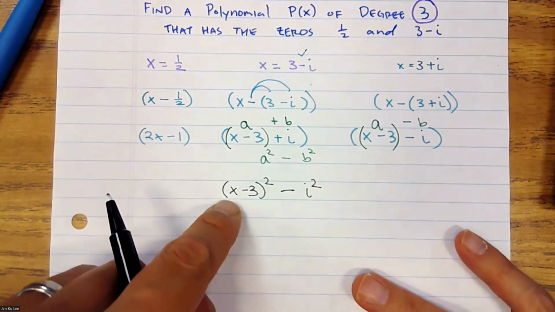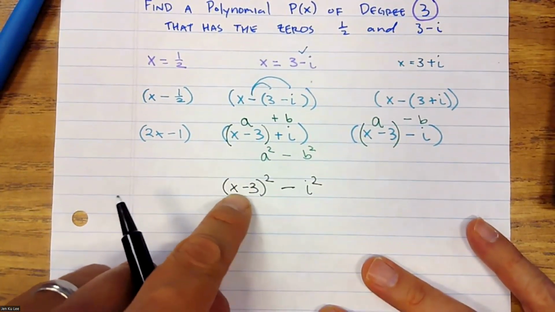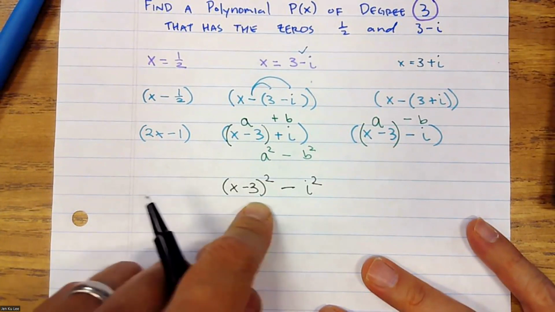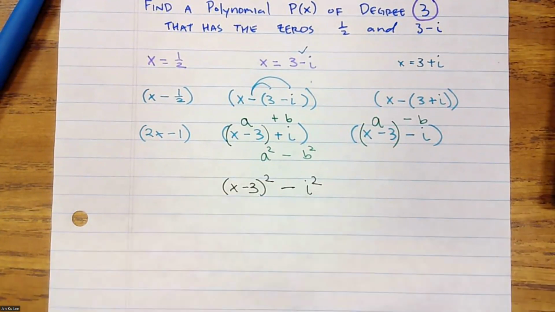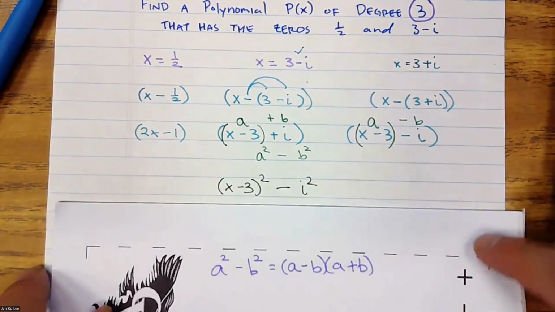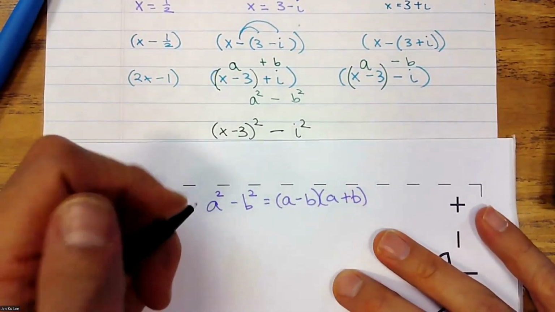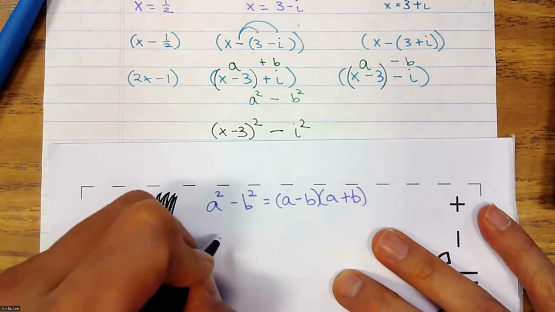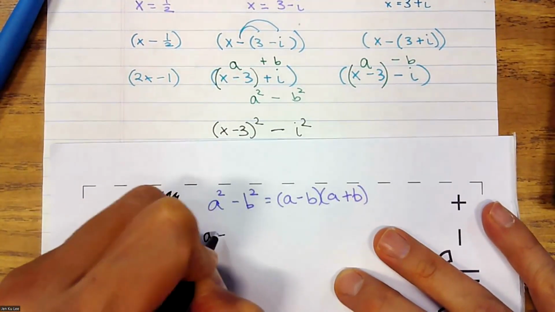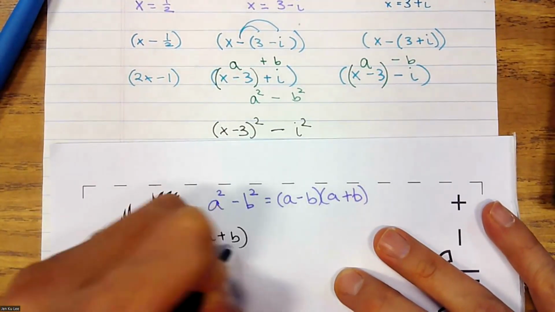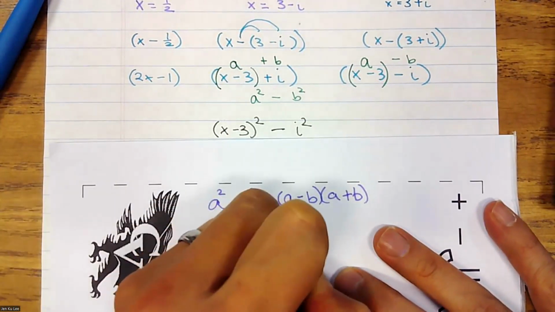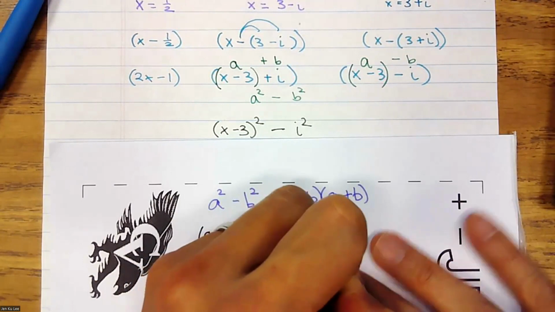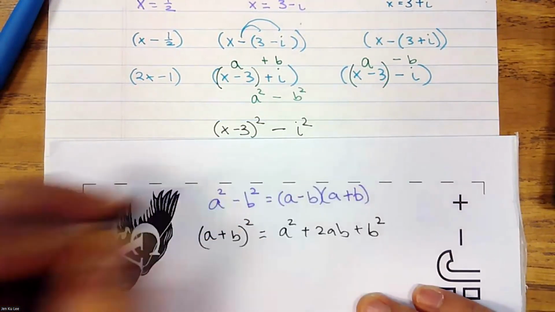Do you guys remember quickly how to factor this, or how to multiply this out? Yeah, x minus 3 times x minus 3, right? Or you can use a plus b quantity squared breaks out to be a squared plus 2ab plus b squared.